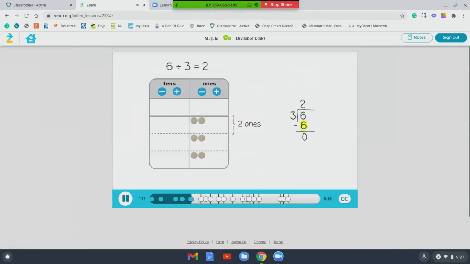We subtracted the total number divided from the total number of ones and got 0. All the ones were divided with no leftovers, so there's no remainder. Bingo. And we know our answer is correct since 3 times 2 equals 6. Ready for another one?